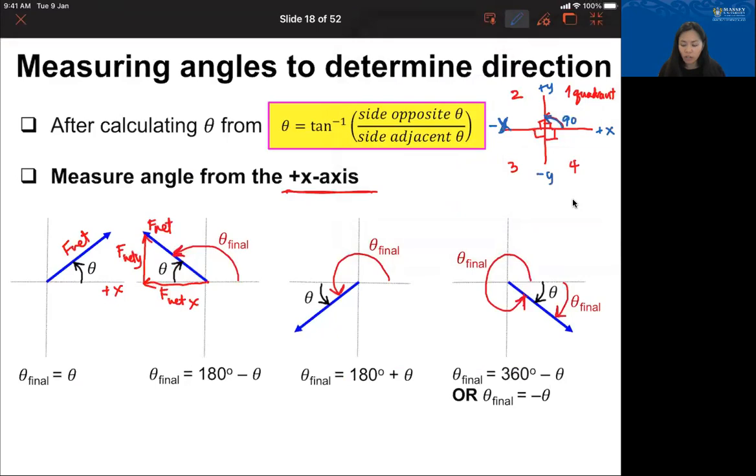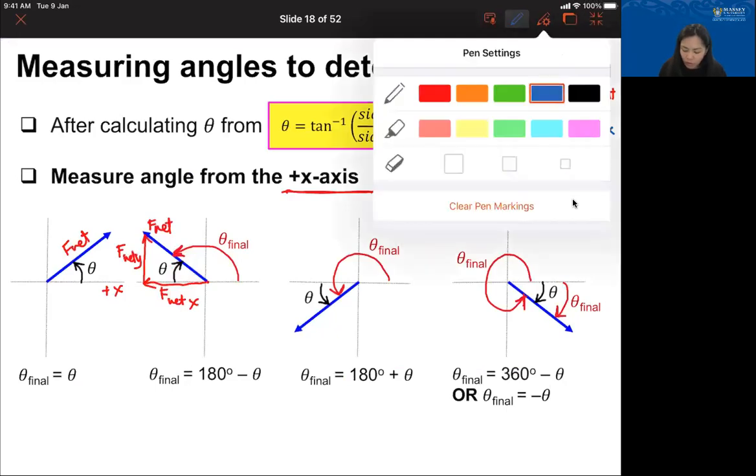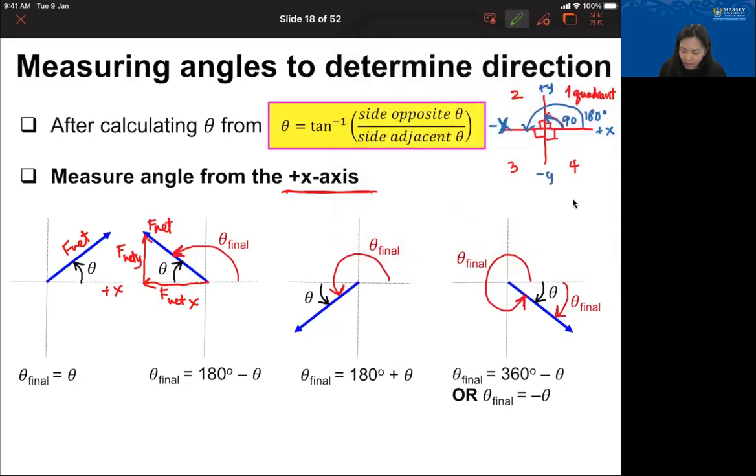They're perpendicular. If you go from positive x to negative x, that's a 180-degree angle because you're adding up two 90-degree angles together. And then if you go from the positive x to the negative y, that's a 270-degree angle because you're adding three 90-degree angles together.